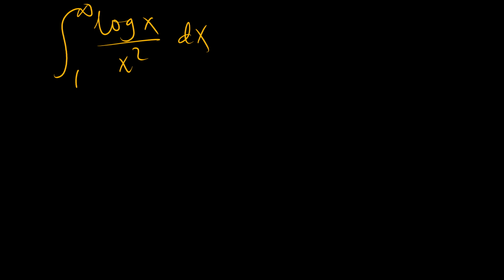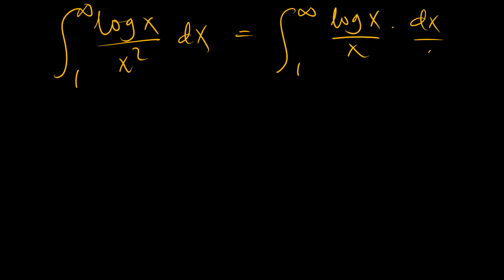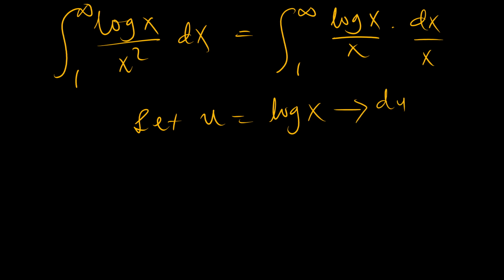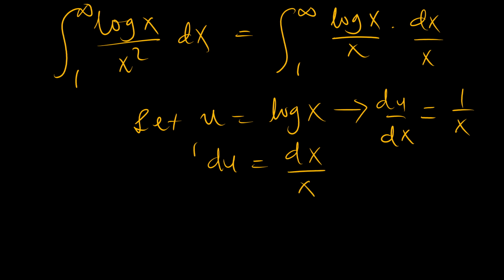I would like to express it as something like that, right? And then I would say let u be equal to log of x, such that du/dx equals 1 over x, and we could now say du can be used to substitute for dx over x.